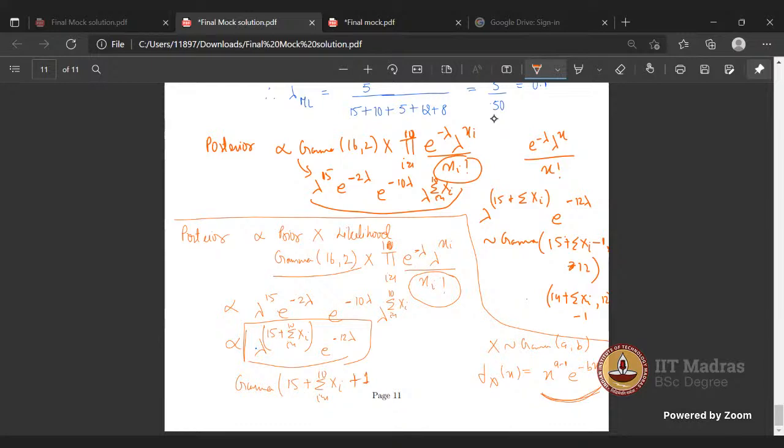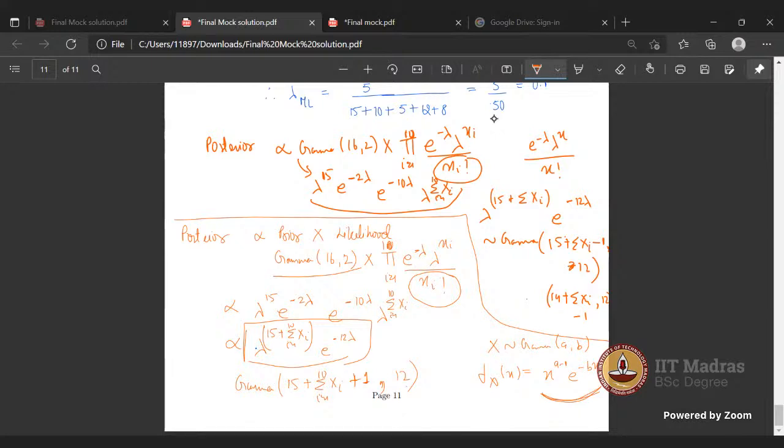You have to add 1, because it is a minus 1 and it is a. So if it is plus 1, then it is going to be just this one. Okay. Now what is b? 12, right? So this is our parameter. So parameter a is 15 plus sum over xi plus 1 and parameter b is 12.